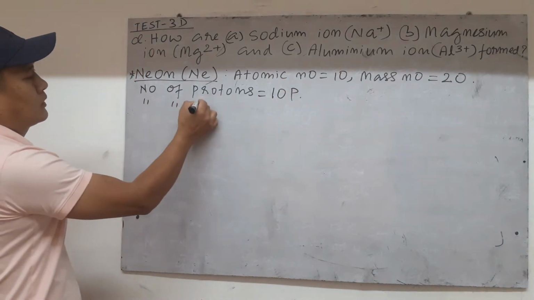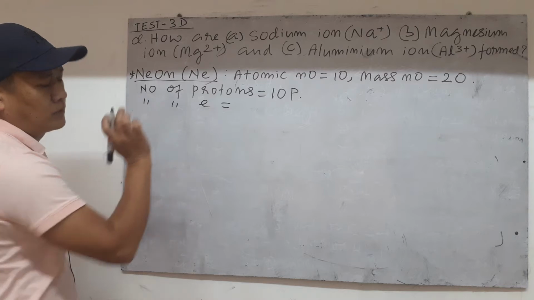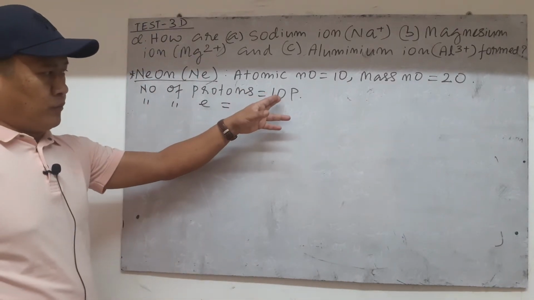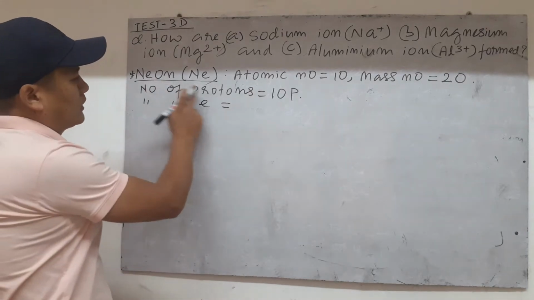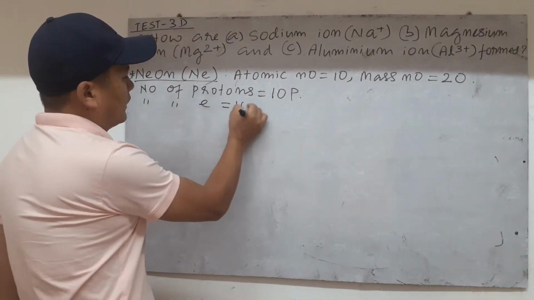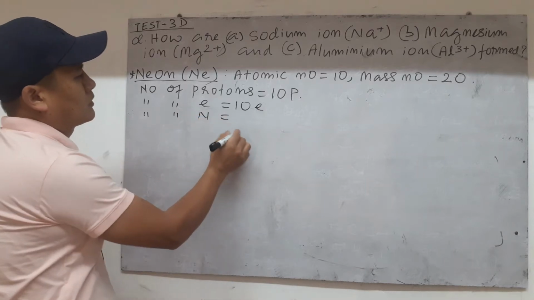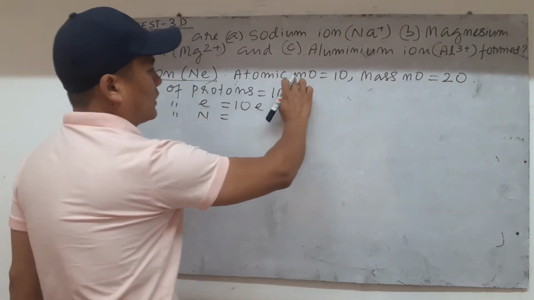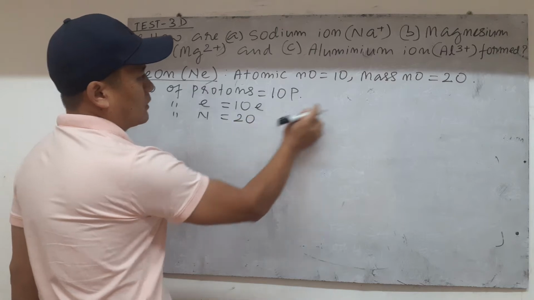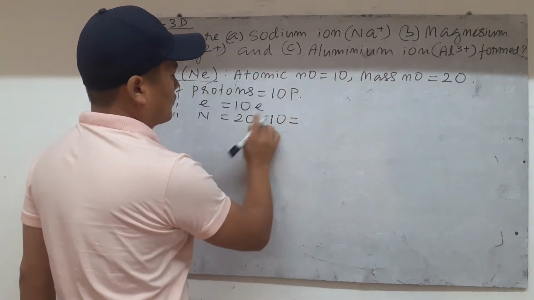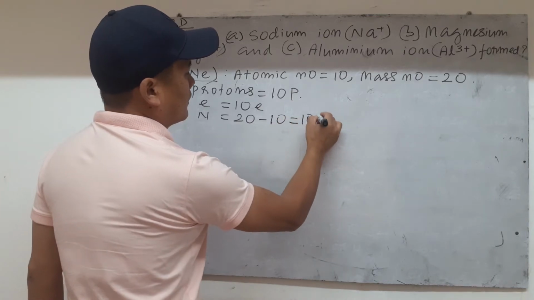The number of electrons is always equal to the number of protons in any atom, so if neon has 10 protons, it will also have 10 electrons. And the number of neutrons is mass number minus atomic number, so 20 minus 10 is 10 neutrons.